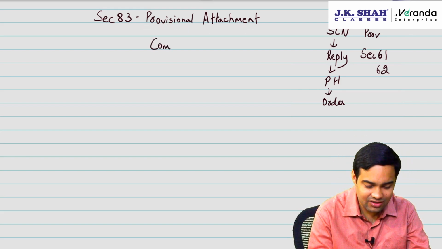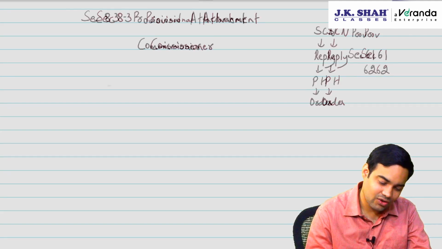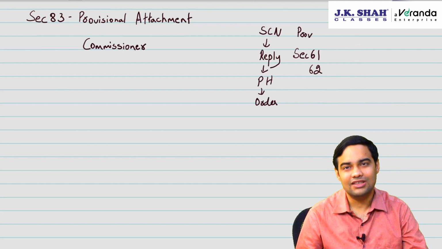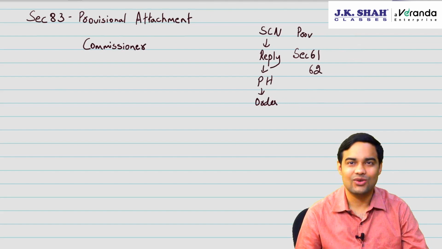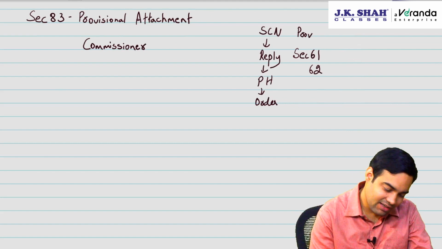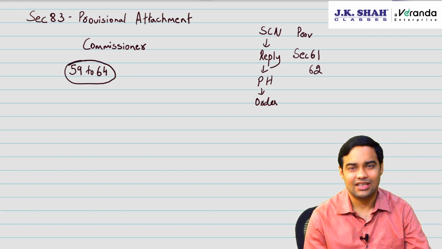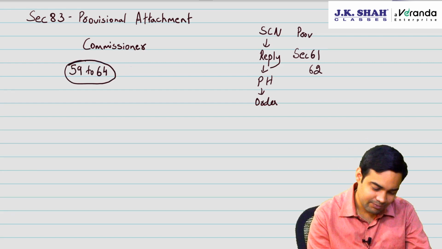The Commissioner can pass an order to provisionally attach the property of the person whom he thinks is going to sell or dispose of the property. In what cases can it be done? Sections 59 to 64, which deal with assessment. Audit is not included in this.